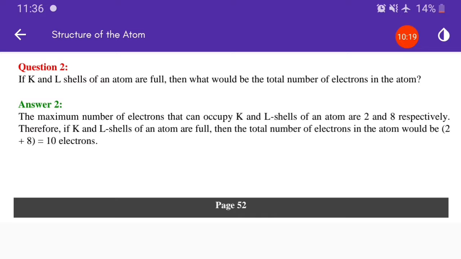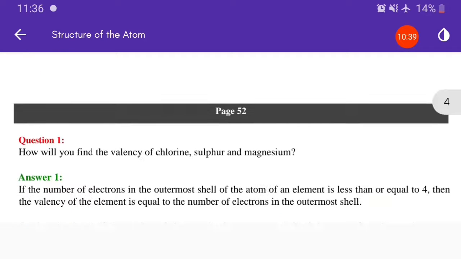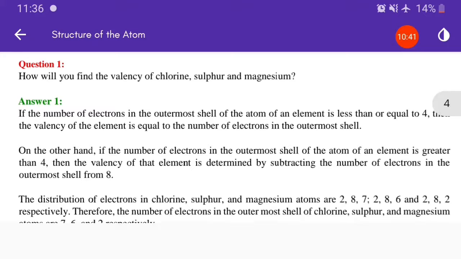Therefore, if K and L cells of an atom are full, then the total number of electrons in the atom would be 2 plus 8, means 10 electrons. So neon, that is the element which has 10 electrons, 2, 8, that we consider as an inert gas.